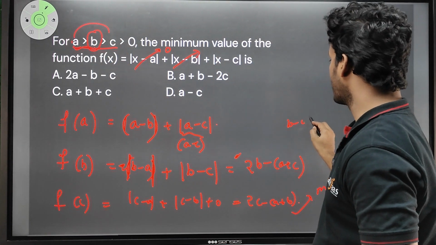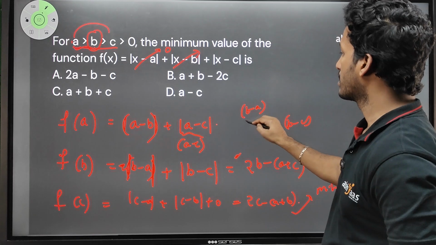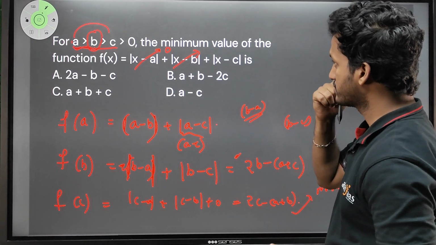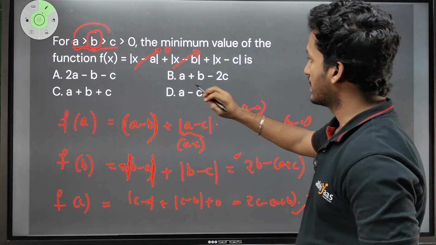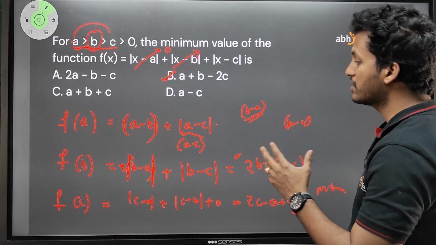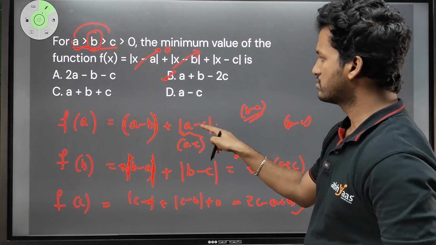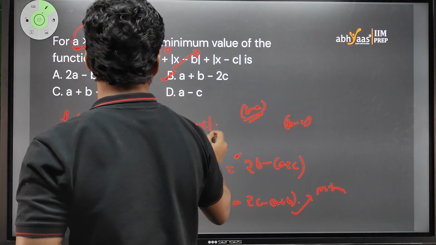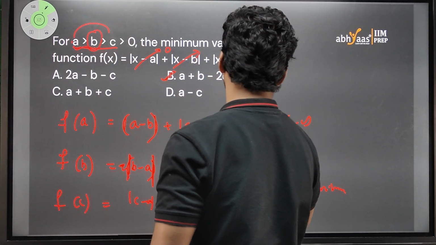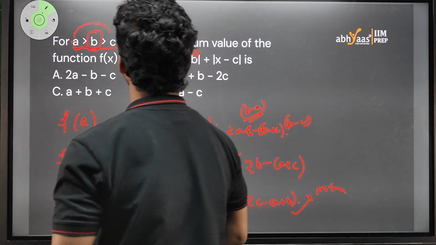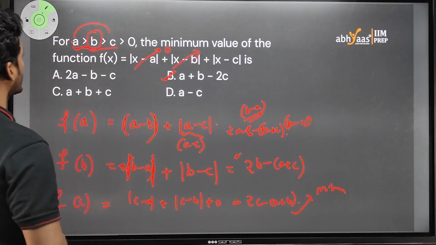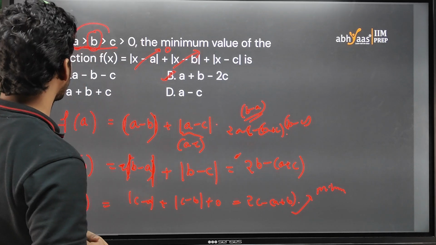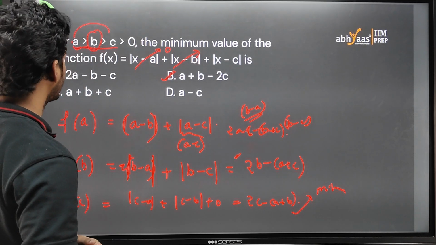So b minus c can be okay, but b minus a can be somewhat less, though not exactly. So for this function, a plus b minus 2c will be the minimum. Please check for any other discrepancy here. A minus b plus a minus c is obviously 2a minus of b plus c. They are all positive, but we don't know how much more than 0 they are. They can be less than 1 also.